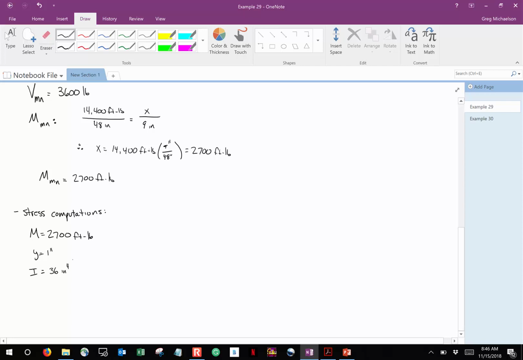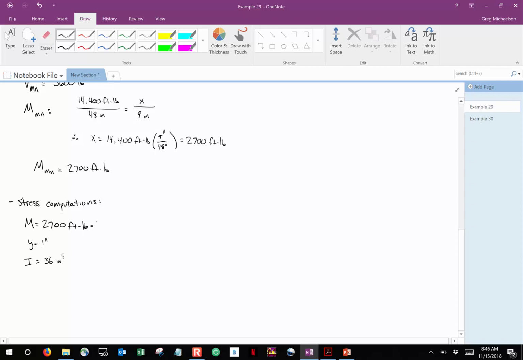So we can compute a stress computation. Before we compute anything, though, if you look at all of your units, we have inches, inches to the fourth, but we have foot-pounds. I'm going to take that 2,700 foot-pounds and convert it into inch-pounds by multiplying by 12. So this is 32,400 inch-pounds.